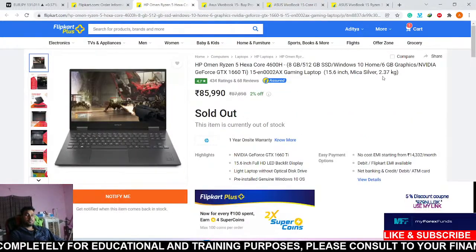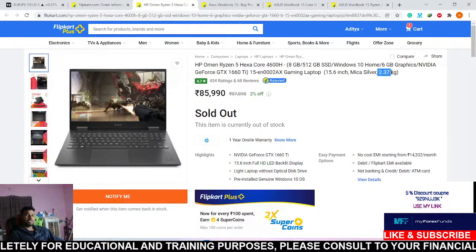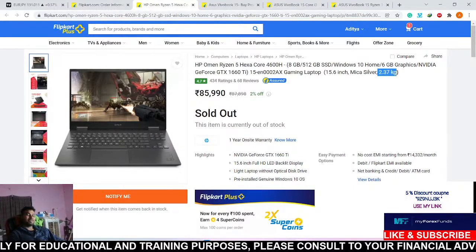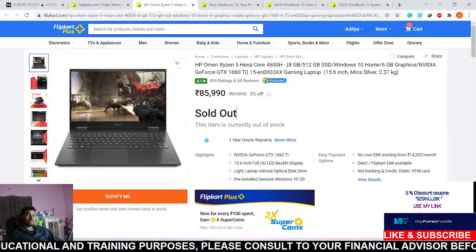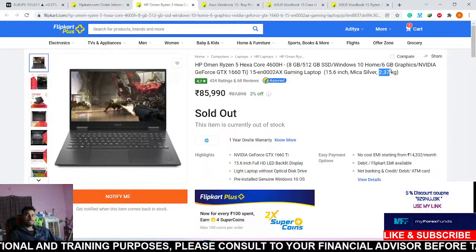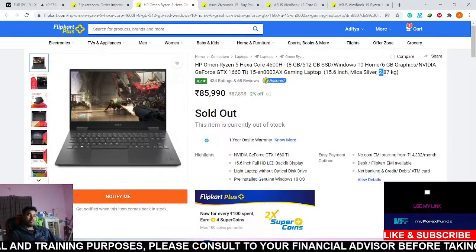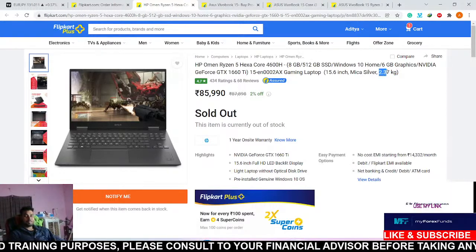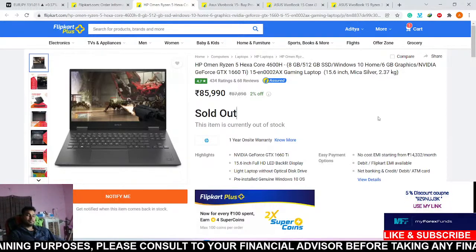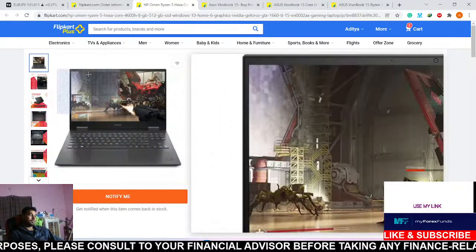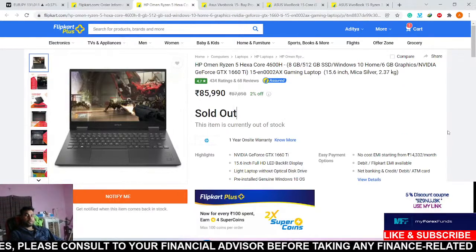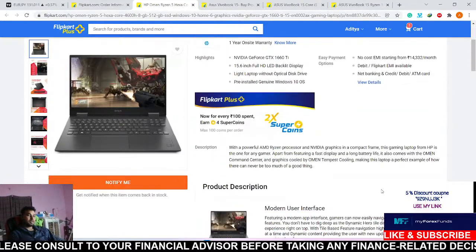If you look at the weight, it's 2.37 kg, which is not very light. If you hold this laptop for half an hour, your lap will start paining. So it's not a laptop you can hold for long times.